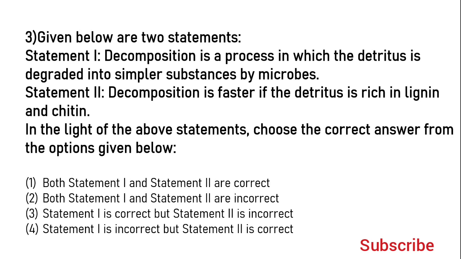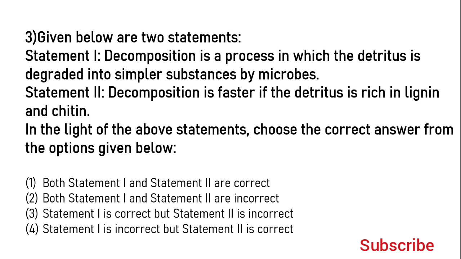Or we can say it is a process by which decomposers, in the sense microorganisms, break down complex organic matter into inorganic substances, right? And the rate of decomposition is controlled by chemical composition of detritus and climatic factors.